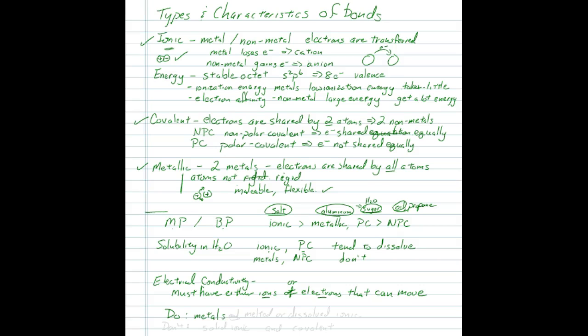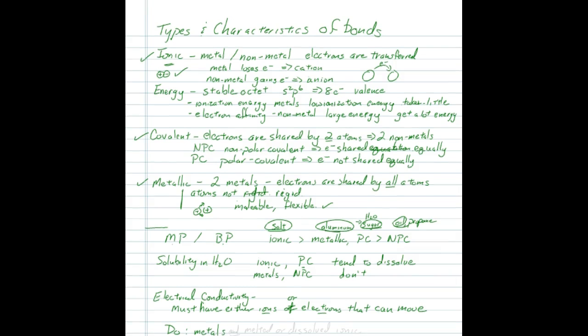So all metals will conduct electricity, and melted or dissolved ionic compounds. They have ions, but they have to be able to be moving. So if you melt them, the ions can move. If it's dissolved, the ions can move.